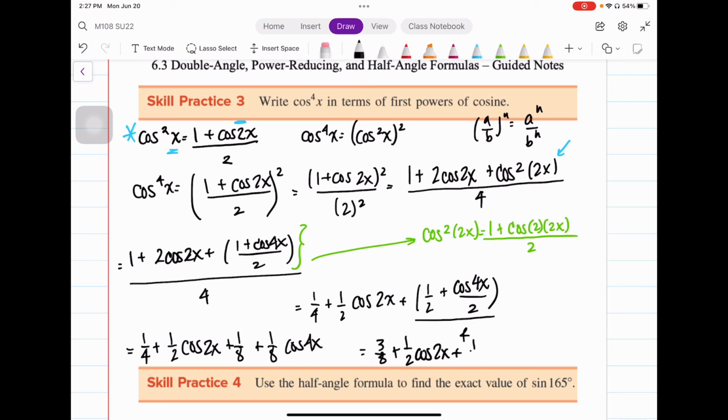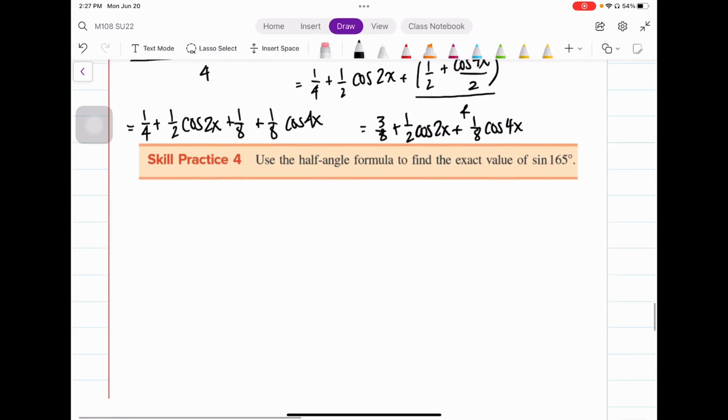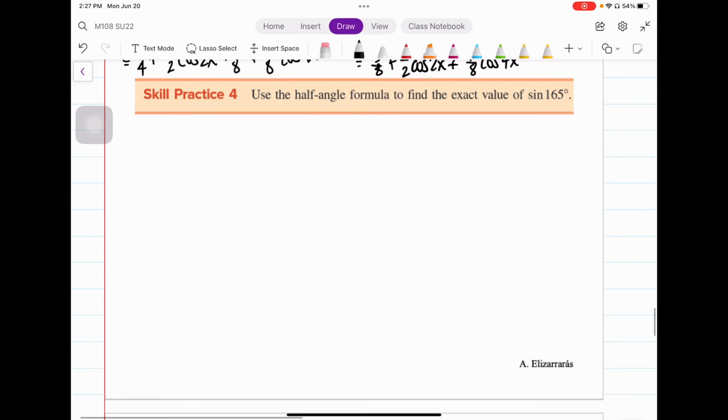Combining the fourth and the eighth, I get 3/8 plus 1/2 cosine 2x plus 1/8 cosine 4x. If you didn't necessarily follow the eighths and the fourths, I'm using the fact that a half divided by a fourth is an eighth. And whenever I have 1 plus cosine 4x over 2, that meant the 1 was over the 2 and the cosine of 4x was over the 2 as well.